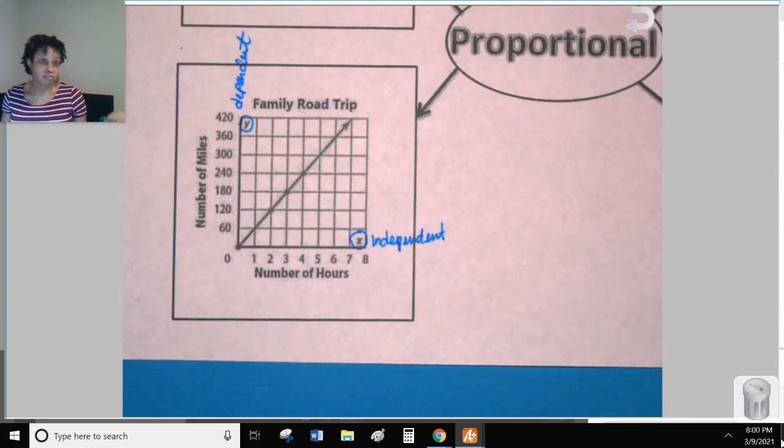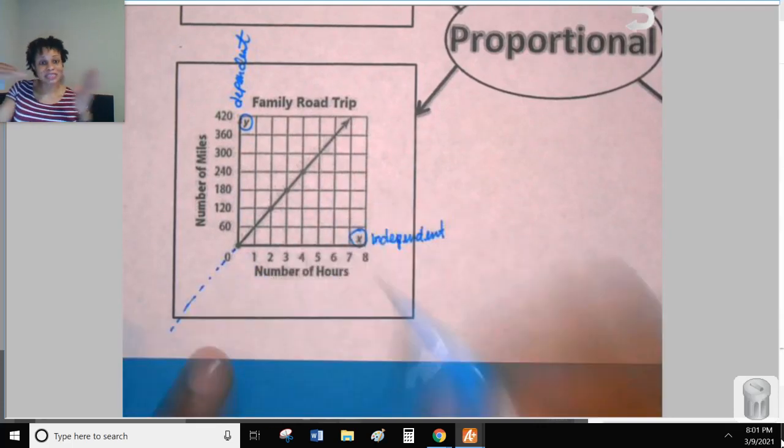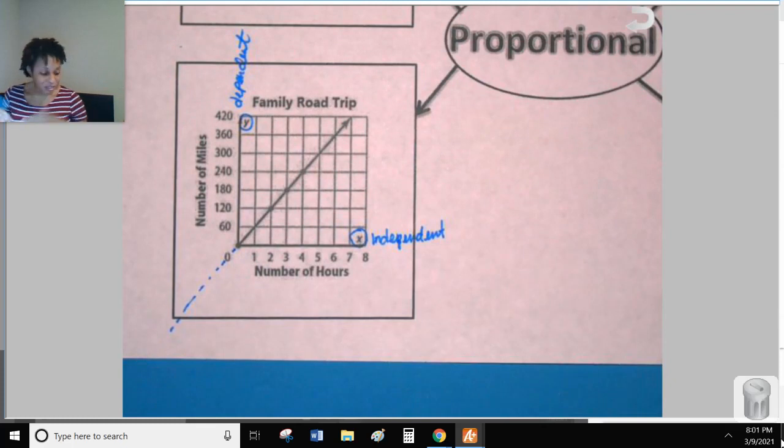If I don't have any money, can I buy clothes? No. That would be a multiplicative relationship, because if I don't have it, it's going to be a 0, 0. Okay? So here, when we say it passes through the origin, if I was to extend this line past the graph, it would go through the origin.